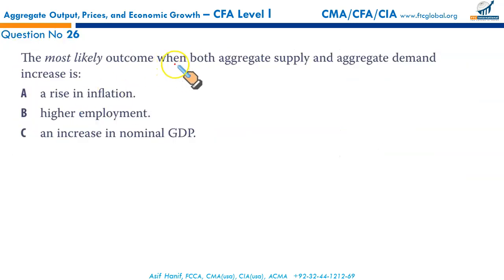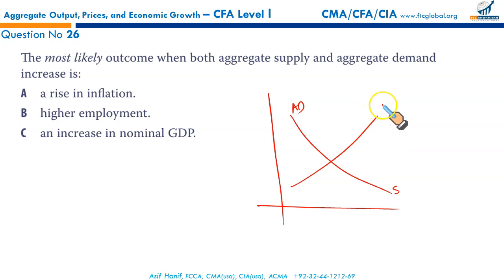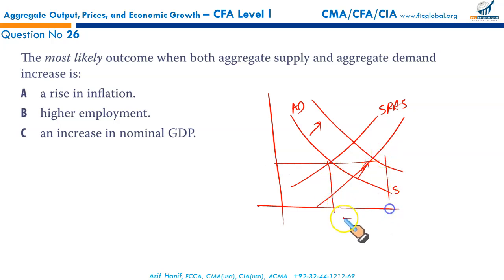The most likely outcome when both aggregate supply and aggregate demand increase. Okay, let's see. This is aggregate demand and short-run aggregate supply. So what will happen when both aggregate supply and aggregate demand increase? So this is the new AD and this is the new SRAS, which basically means a rise in real GDP, not nominal.